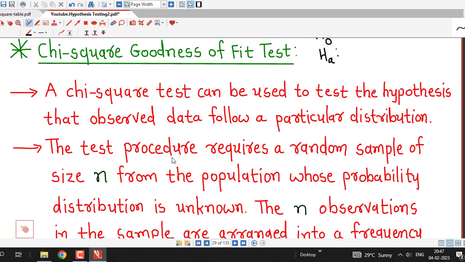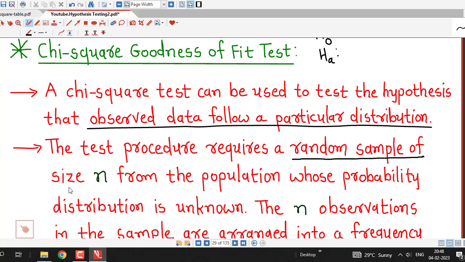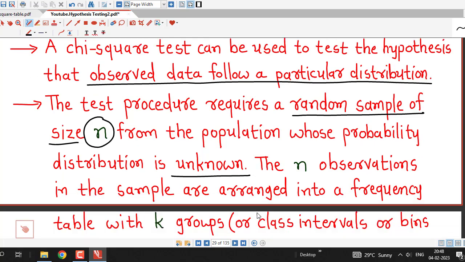I have written all these things which I discussed systematically here. A chi-square test can be used to test the hypothesis that observed data follow a particular probability distribution. The test procedure requires a random sample of size n from the population whose probability distribution is not known to us.